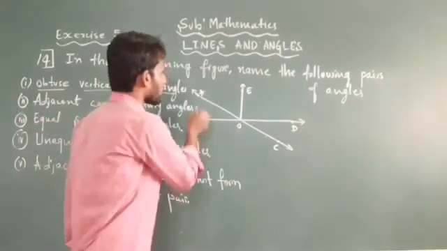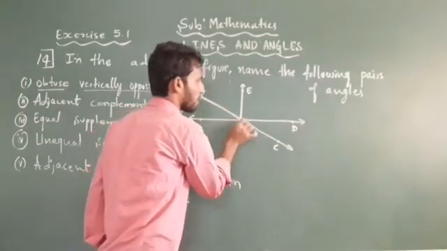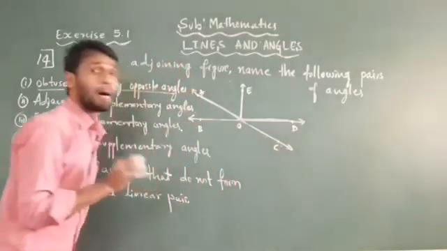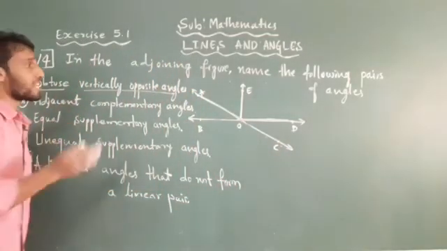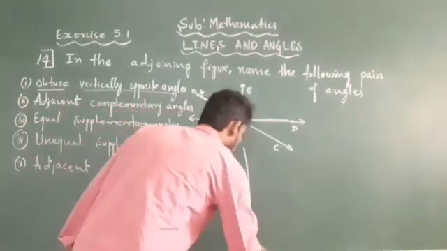Now see here, AOD and BOC are both the obtuse vertically opposite angles in this figure. Now to write here the solution.